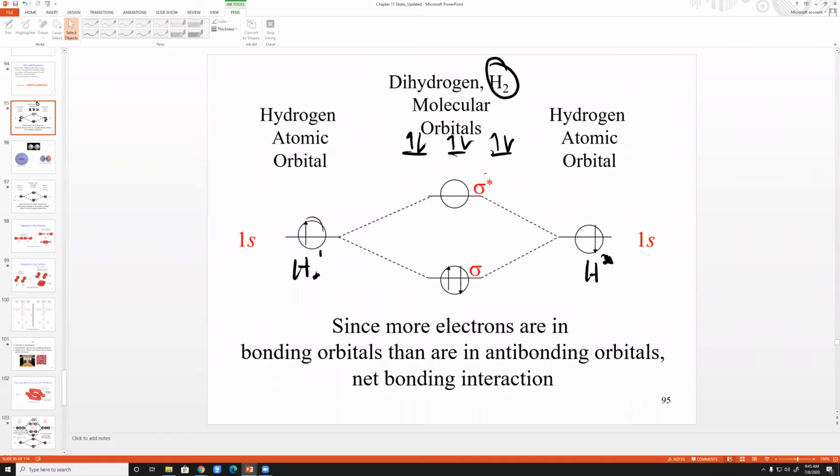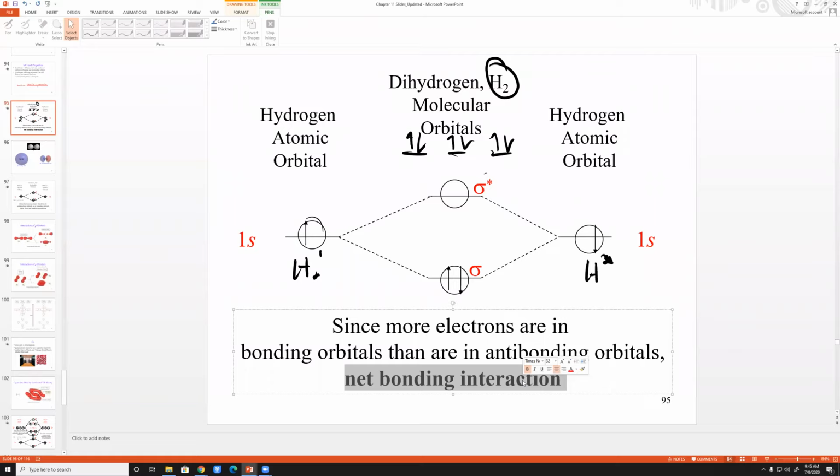So what this can tell us, other than paramagnetic and diamagnetic for sure, is the net bonding interaction. This word, net bonding interaction. If you have more bonding electrons than anti-bonding, not non-bonding, anti-bonding, it's different, you're going to have a net bonding interaction.